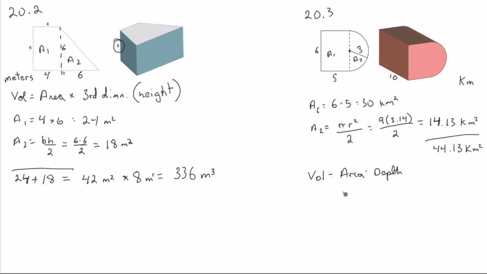So it's going to be 44.13 km squared times 10 km, and that's going to equal 441.3 kilometers, and that's cubed.